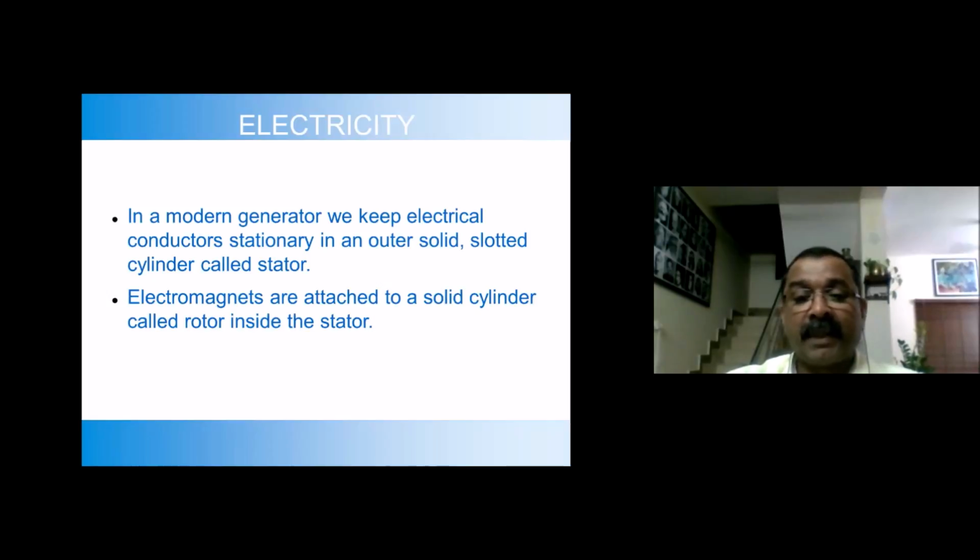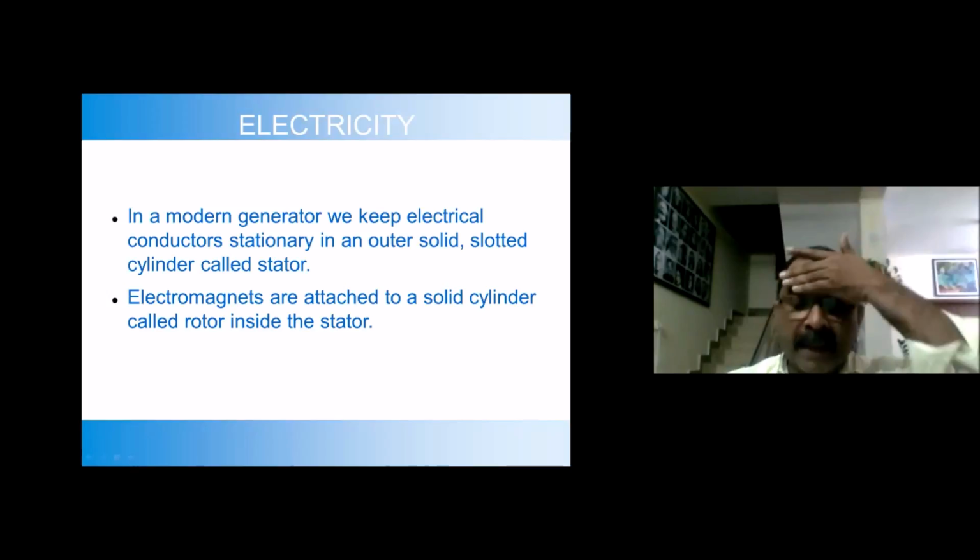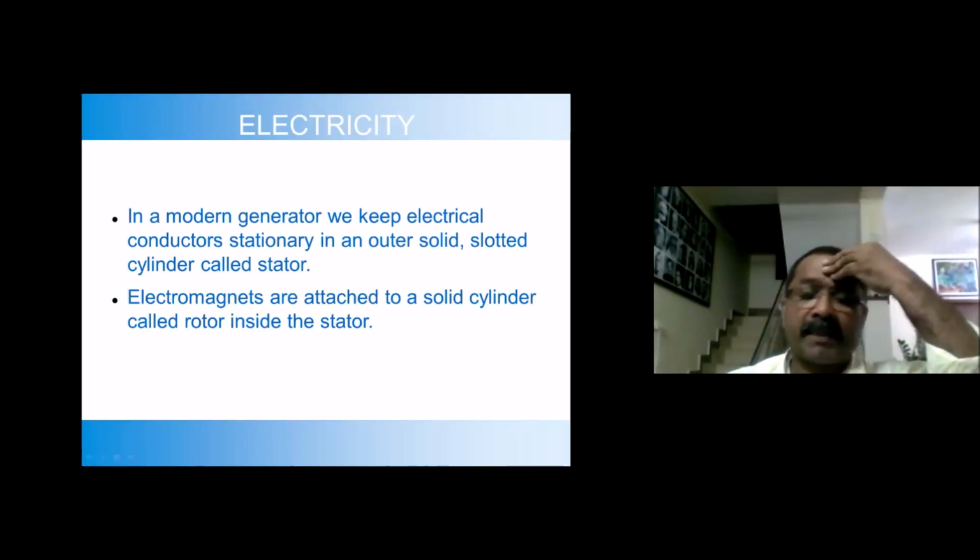Then I tried to give an idea about magnetism, and a practical way of generating an electromagnet. Then we will move back to Faraday's principle.